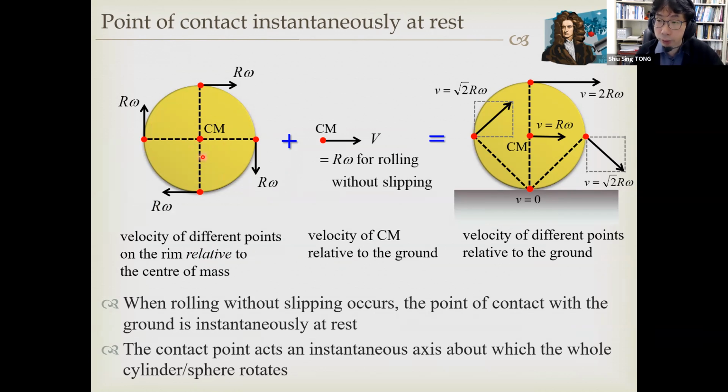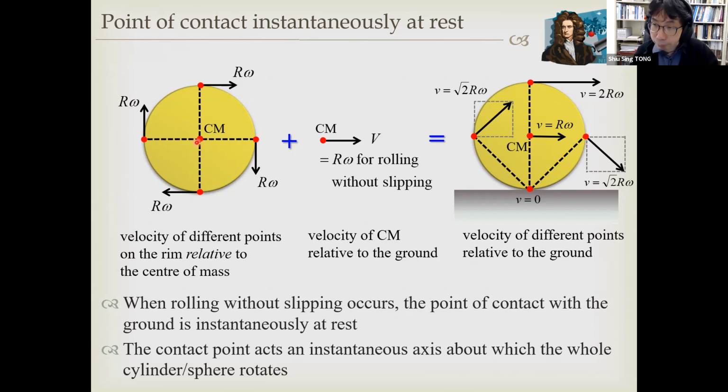That is a pure rotation without translational motion. The second motion is the body as a whole moving relative to the horizontal surface with a velocity equal to big V, the velocity of the center of mass.